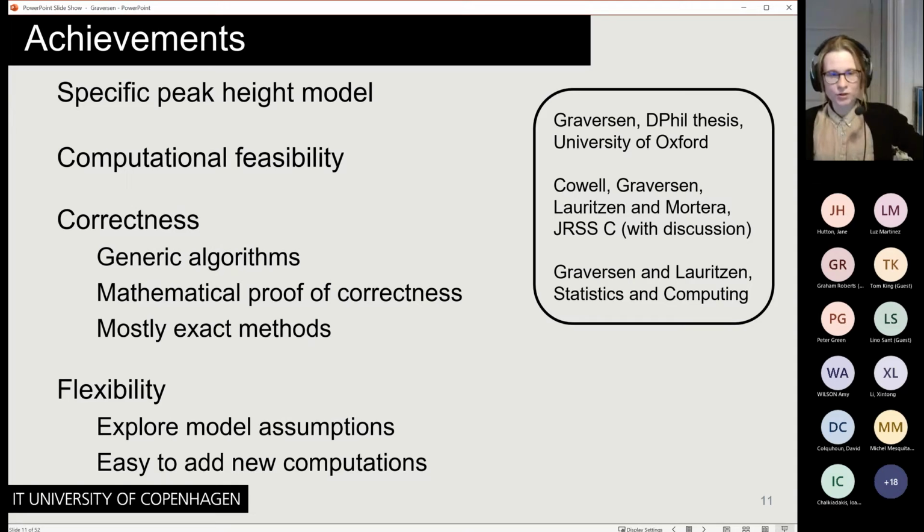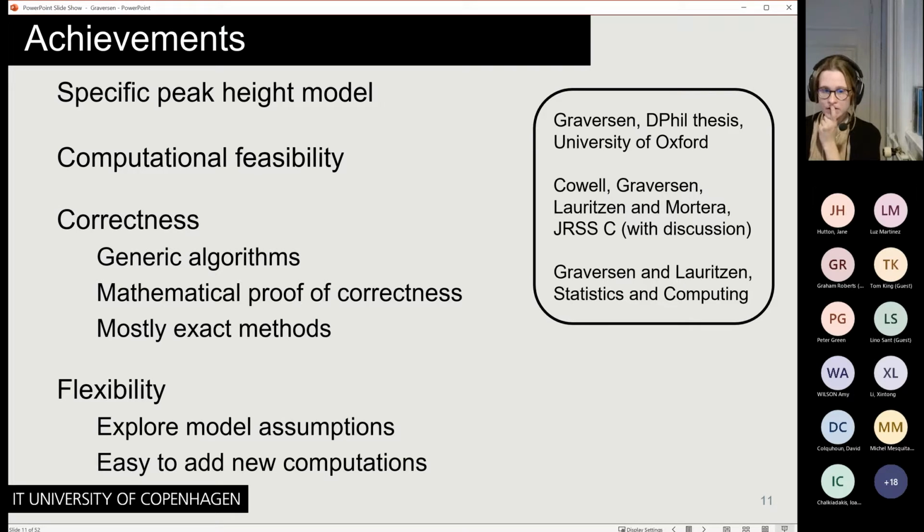So the sort of achievements I found that I got from this was, of course, there's this specific peak height model. So that was in particular this paper, which was a discussion paper in 2014, 15, something like that.